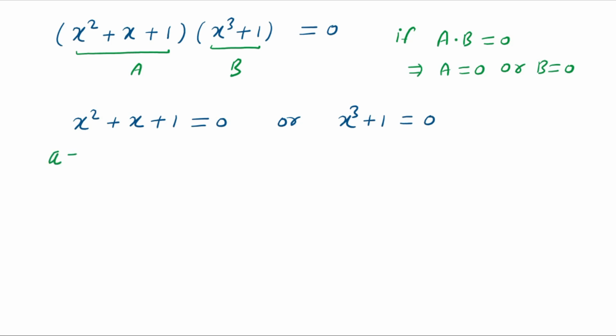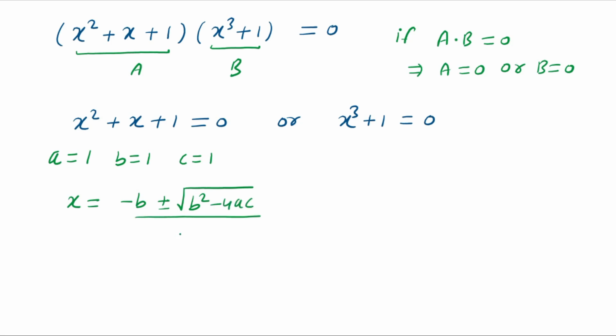Value of a is equals to 1, value of b is equals to 1, and constant term is c, which is 1. And quadratic formula: x is equals to minus b plus minus square root of b square minus 4ac over 2 times a.